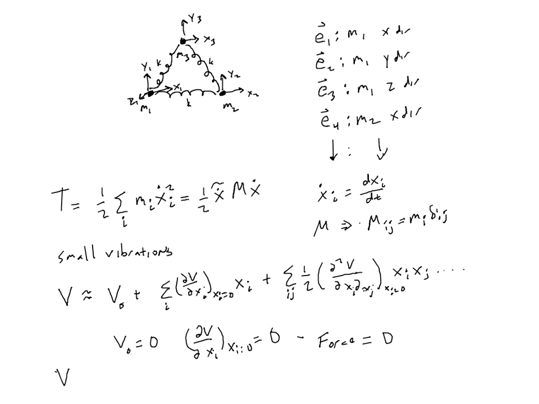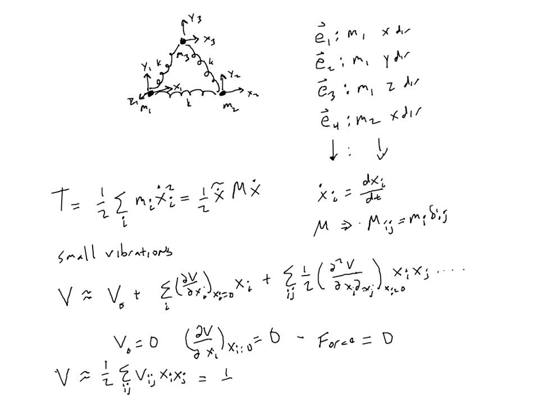So now what we get is that the potential is basically equal to 1/2 times the sum over i and j of this second derivative term. I'm just going to write this as V_ij xi xj.